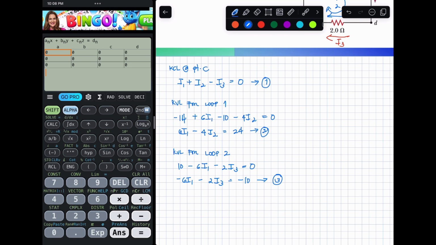We write the coefficients: I1 is 1, I2 is positive 1, I3 is negative 1, and 0 for the D. For equation number 2, we have 6I1, negative 4I2, and 0 for I3, but we have 24 for the source.